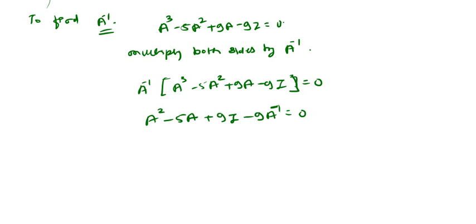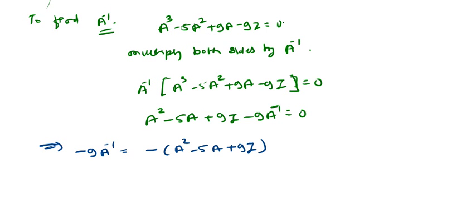So minus 9A inverse will be minus A square plus 5A minus 9I.